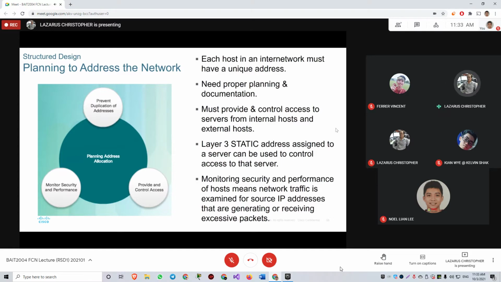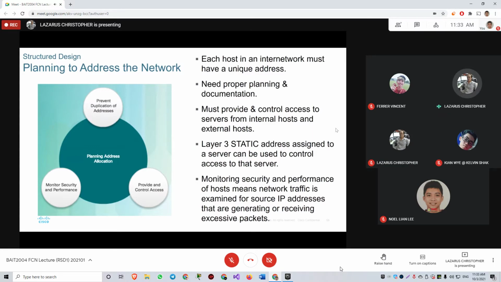So you need proper planning and documentation. Everything must be documented, not only for the sanity of the next person who is going to look after the network or scale up the network. Must provide control of access to servers from internal hosts and external hosts.